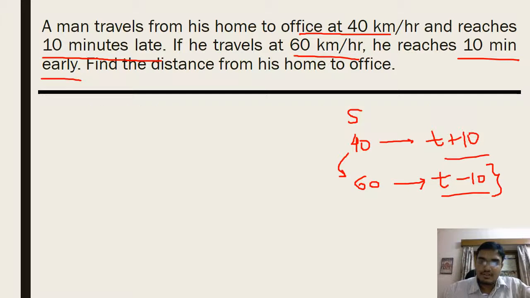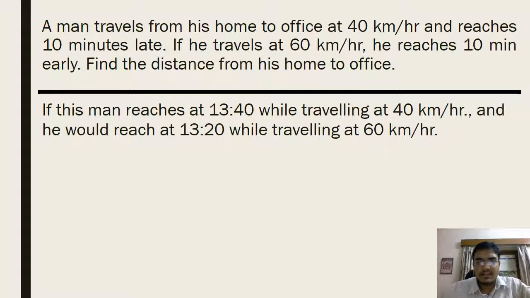Right? So let us take that he reaches at 13 hours and 40 minutes, that is 1340, while traveling at 40 kilometers an hour. What I am assuming is that when he travels at his usual speed, he reaches at 13 hours 30 minutes. When he is traveling at 40 kilometers per hour, he is 10 minutes late, and thus he reaches at 1340.